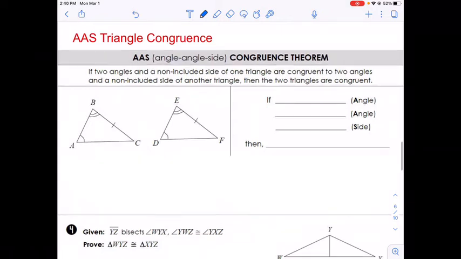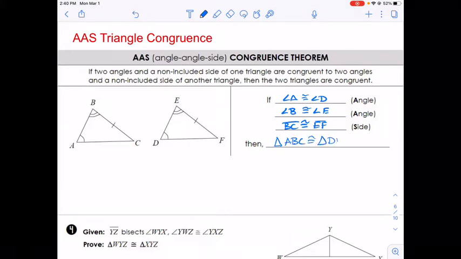So in this case here, if angle A is congruent to angle D and angle B is congruent to angle E, and then we have a side, so we have BC congruent to EF. So then we have angle, angle, side. We know that our 2 triangles are congruent. So triangle ABC is congruent to triangle DEF.